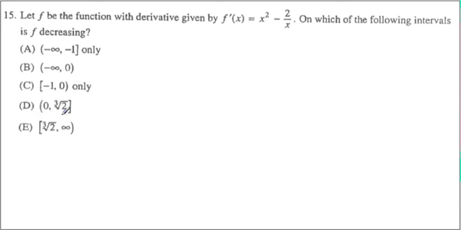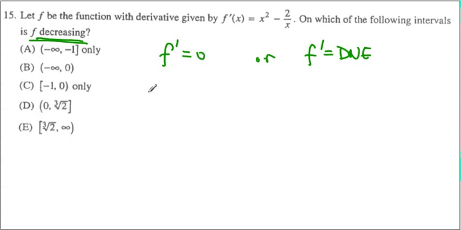Alright, let us look at number 15 together. So given in this way, which of the following interval is decreasing? Now, the fact that function is increasing or decreasing, we have to look at this portion. When is first derivative equal to 0, or second case is when is first derivative doesn't exist.